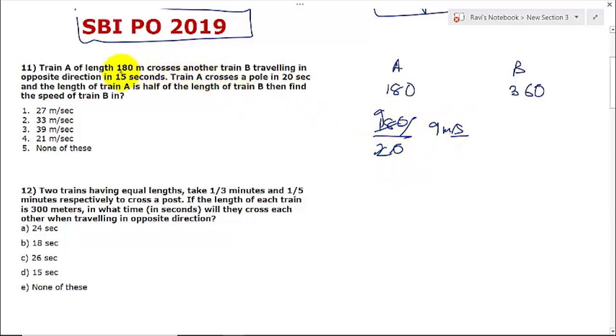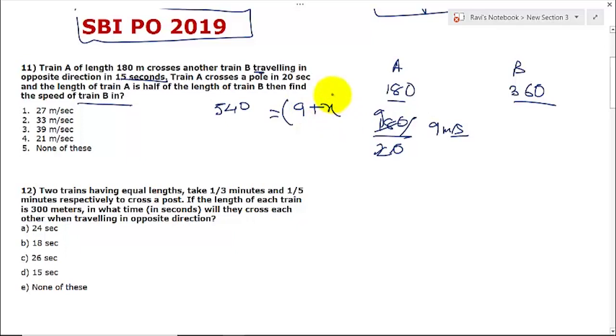Now what they are asking is to find the speed of train B. They cross each other in 15 seconds, so the total distance they have to cross is the addition of the two lengths, 180 plus 360, that is 540. They are traveling in opposite directions, so the speeds add.